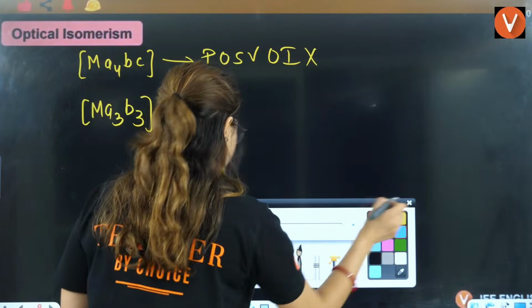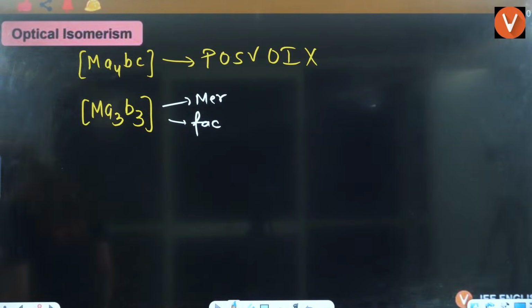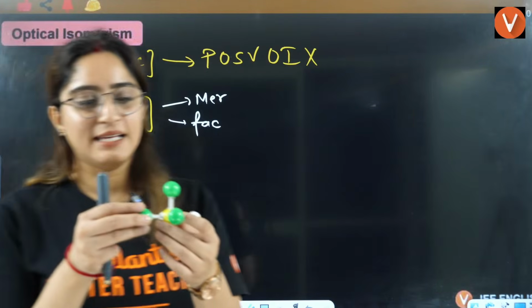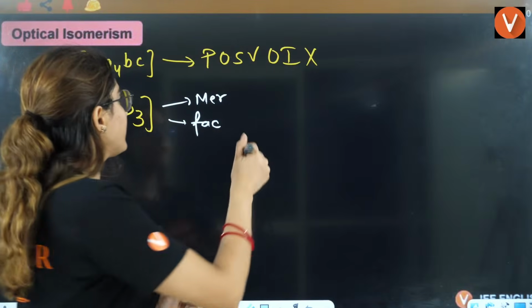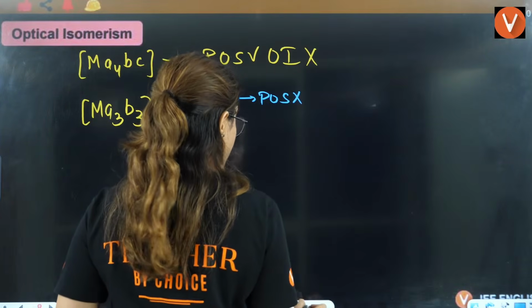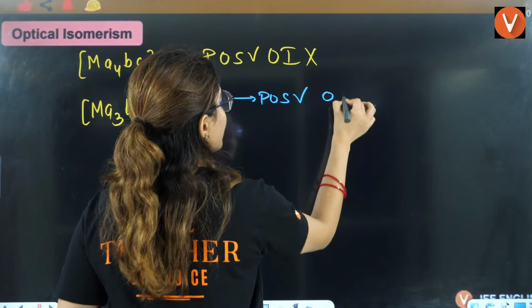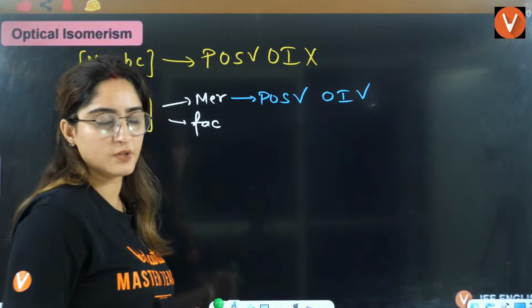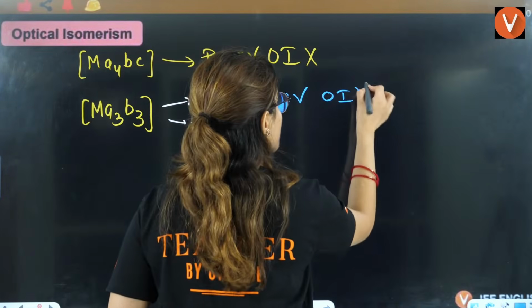This is very important. In meridional, POS exists, so optical isomer was not there.